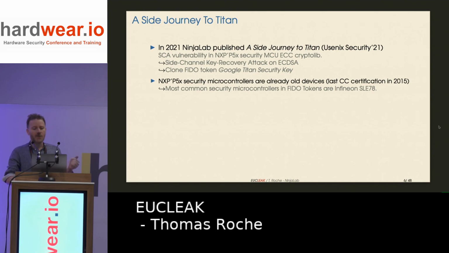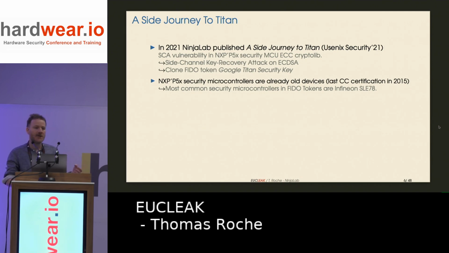In 2021, Ninjalab released a side channel vulnerability in another FIDO token from Google. We call the attack A Side Journey to Titan. The FIDO token is the Titan Google security key. We found a side channel vulnerability in the ECDSA implementation that allowed us to extract the secret key and clone the device.